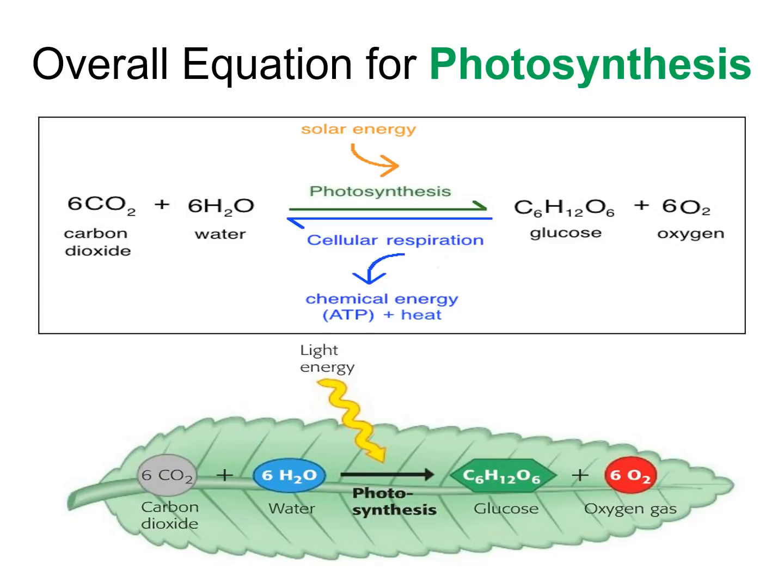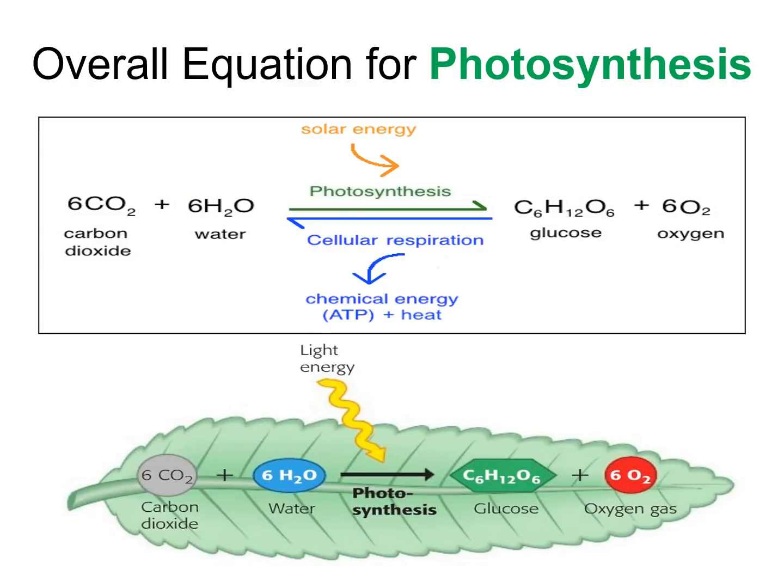This is the overall equation for photosynthesis, a very common one, where we have 6 molecules of carbon dioxide plus 6 molecules of water to produce glucose as well as 6 molecules of oxygen.